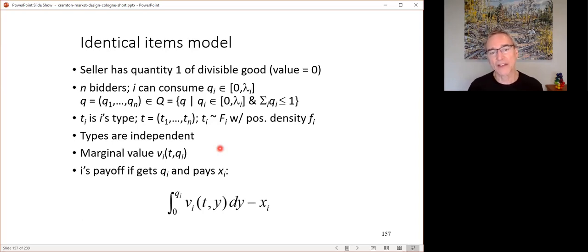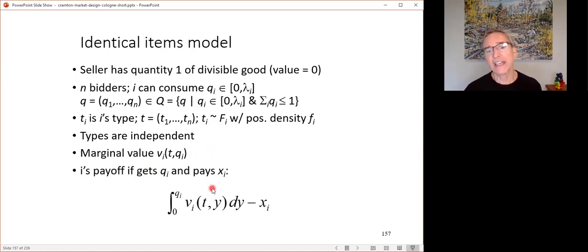And then this marginal value varies with quantity, and you'll see in a moment it'll be decreasing. So a downward sloping demand curve. So v_i(t, q_i) is my marginal value curve, which is of course my demand curve. That's what a demand curve is, marginal value.